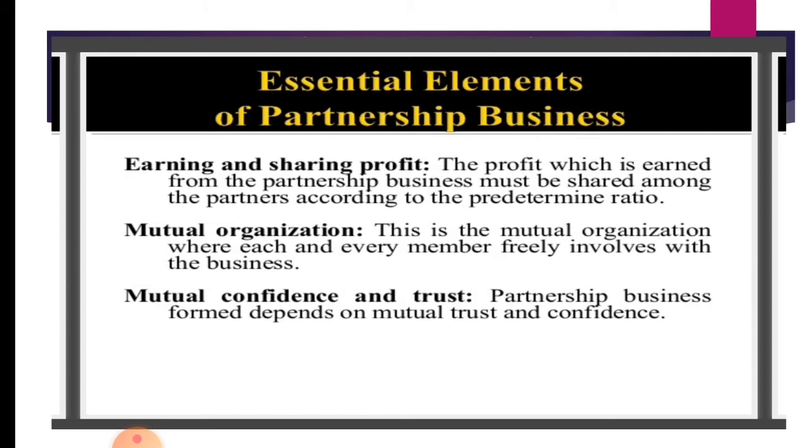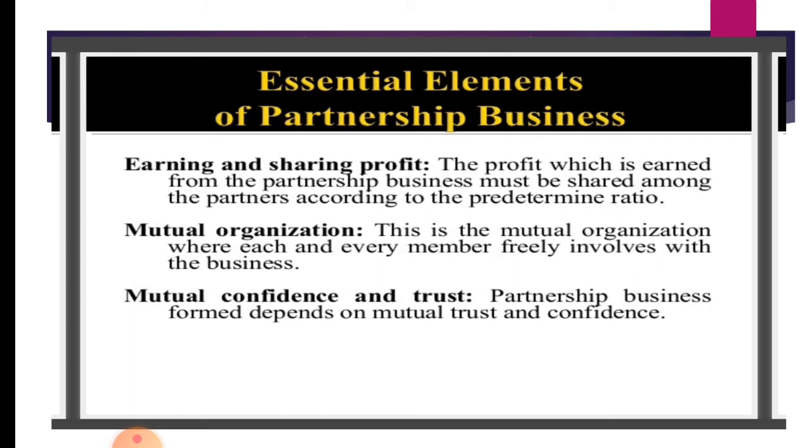Or sometimes there might be an unequal ratio according to the capital invested in the partnership firm. Suppose A, B, C, D, E, F, G, H, I, J are the partners. Suppose A is investing rupees 50,000, B is investing 20,000, C is investing 10,000, D is investing 20,000, E is investing 50,000, and F is investing 1 lakh.